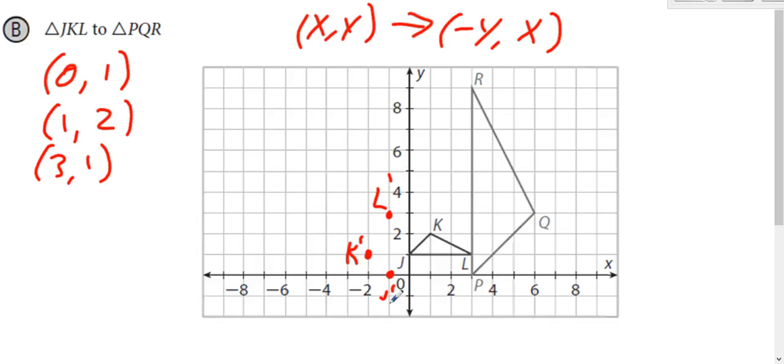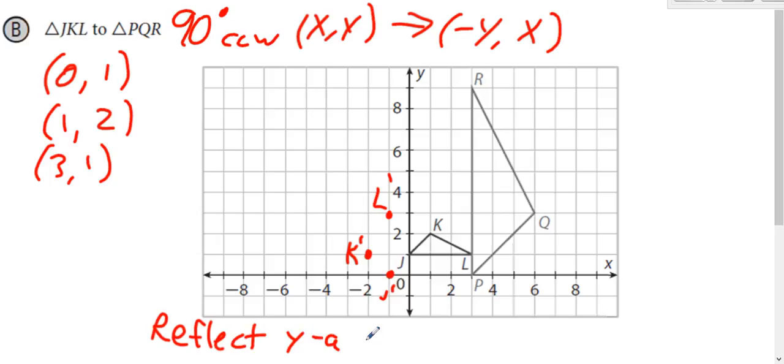Now it looks like it still just needs to be reflected. So if we reflect over the y-axis, that rule is x, y goes to negative x, y.